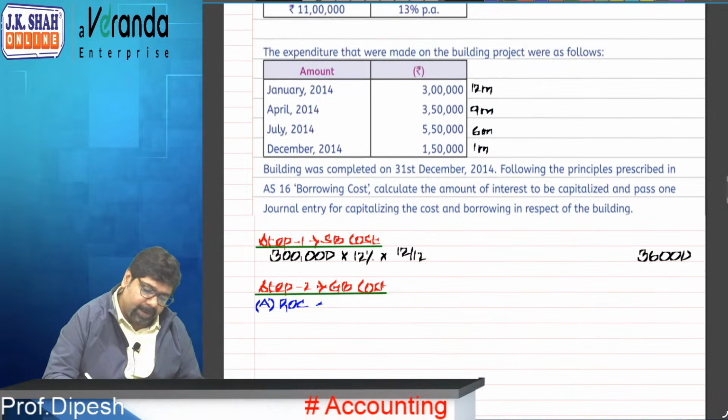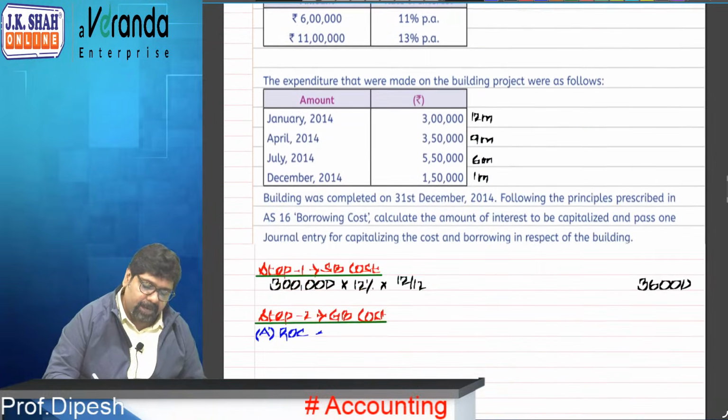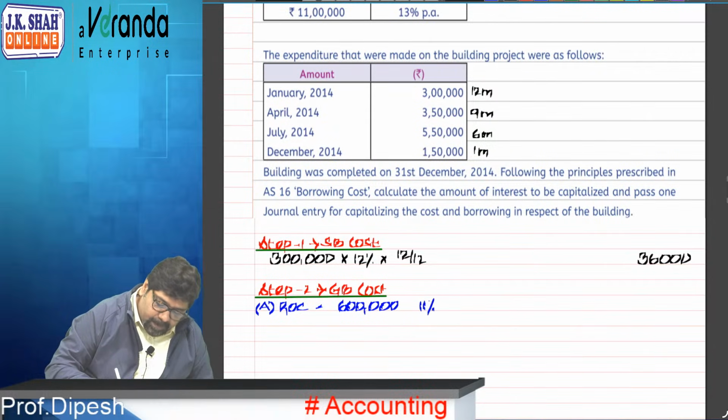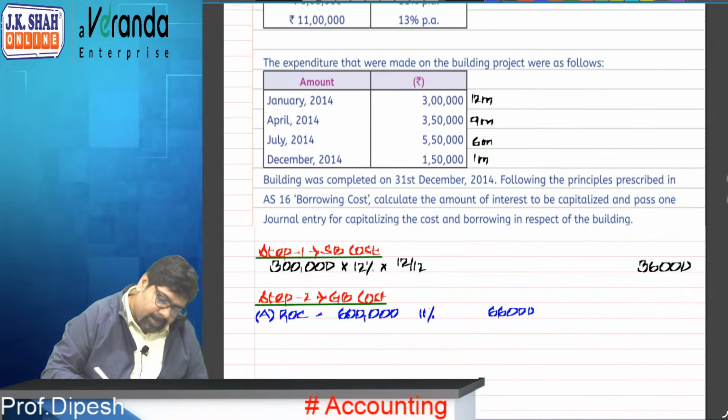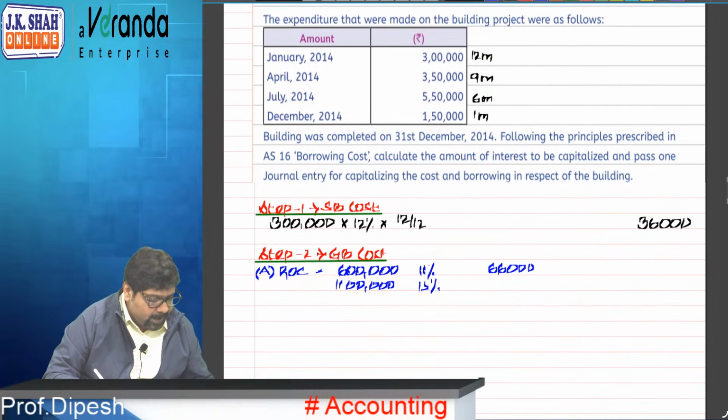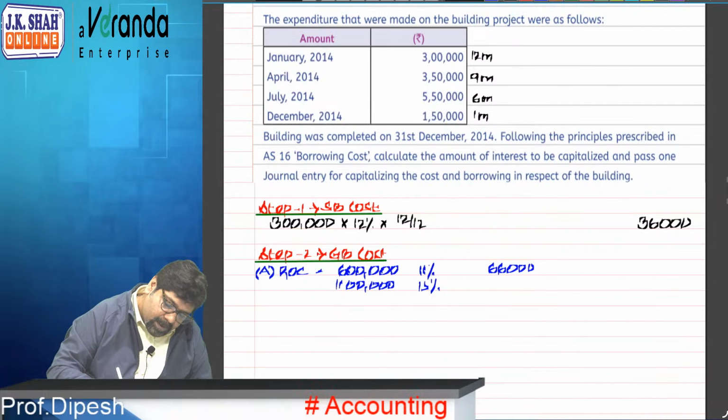How do I find that? 11% of 6 lakhs: six lakhs, 11%, 66,000. Then 11 lakhs into 13%: 1,43,000.